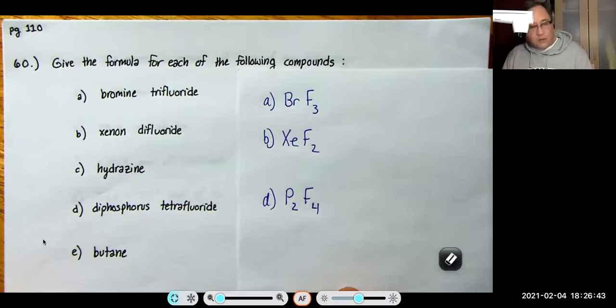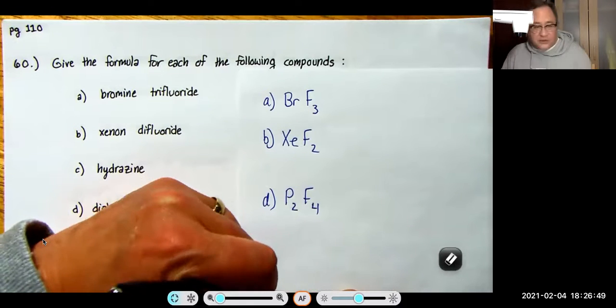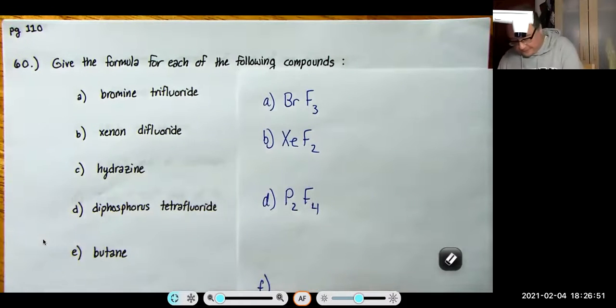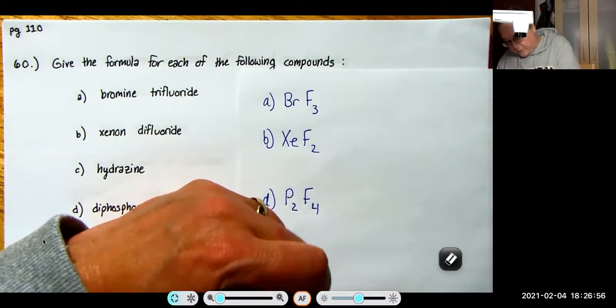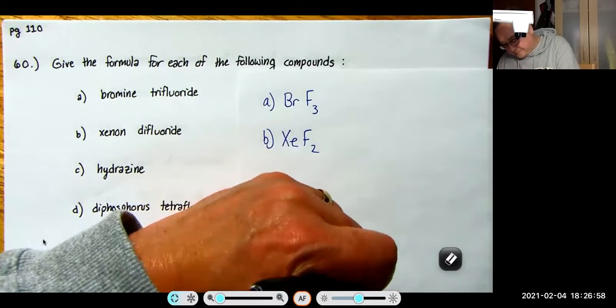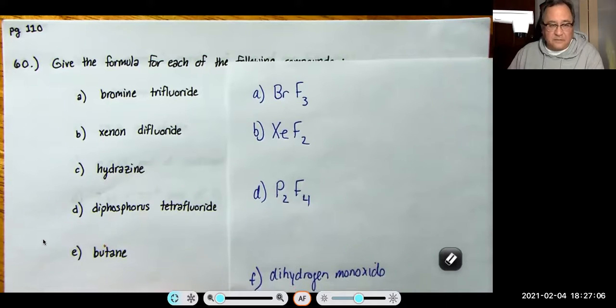So how would you write the formula for the following? One of the most dangerous compounds on Earth. What's the formula? This kills hundreds of people every year. Have you got it?